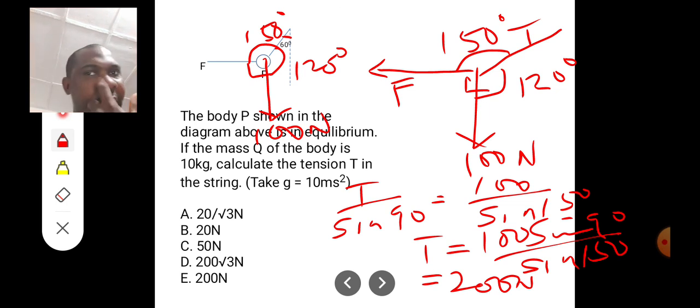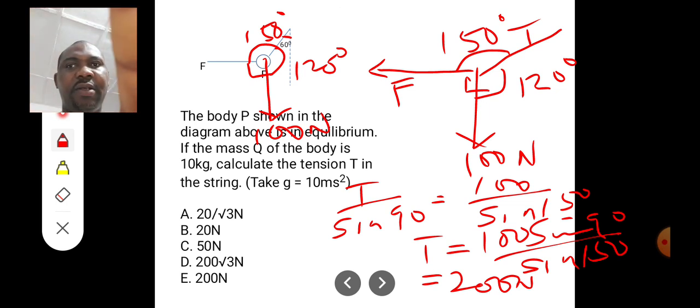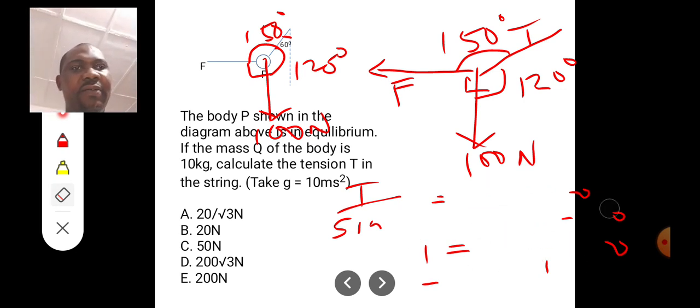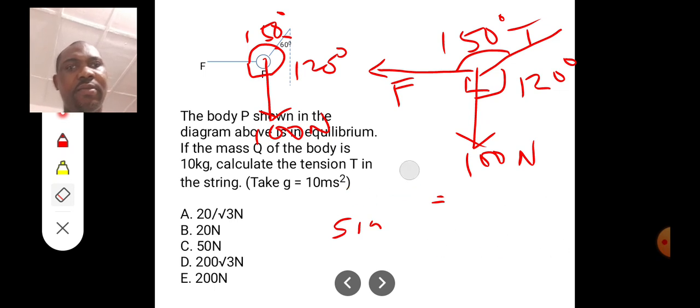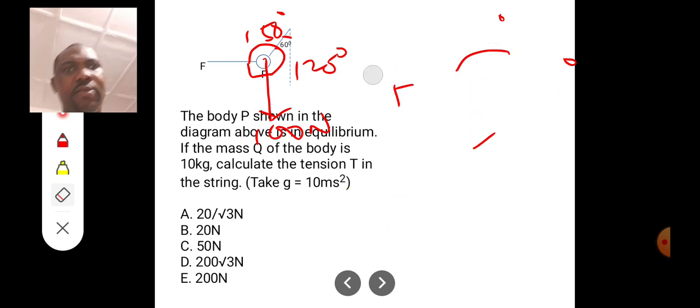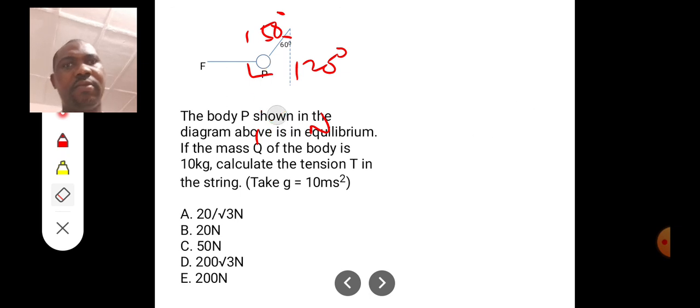Let's use the triangular law of forces to solve this also. So let me rub the whole of this off. Okay, so now according to triangular law of forces, I'll represent them in a triangle.